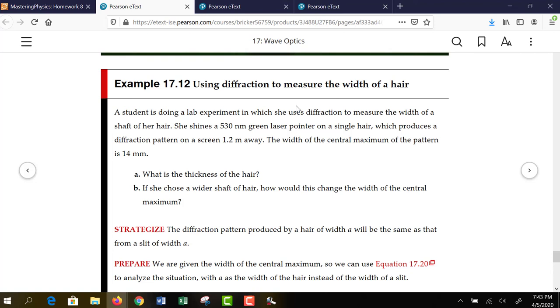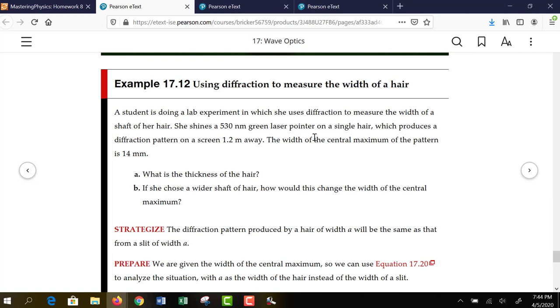So it turns out that this hair acts as a single slit. So if you shine light through with the laser pointer, for example, on a single hair, which we could have actually done in class if we were meeting, if you shine a laser light right through a single hair and you're like a meter away from a wall, you'll actually see the single slit pattern appear.